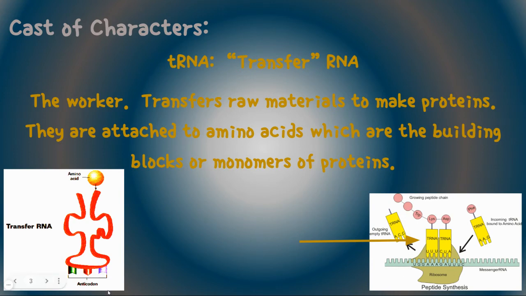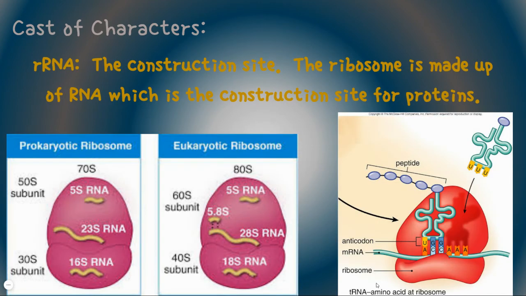Their matches on the tRNA are called anticodons. They still follow the same rules using the AUCG as you would find in the messenger RNA. So the transfer RNA acts like the workers, bringing over the raw materials, bringing over the amino acids, and putting them together as it reads the messenger RNA as it moves through the ribosome.